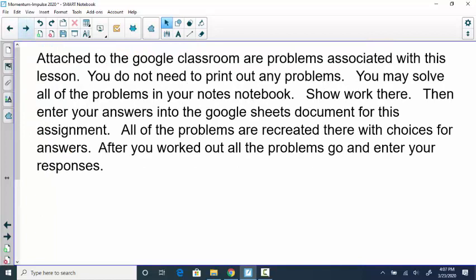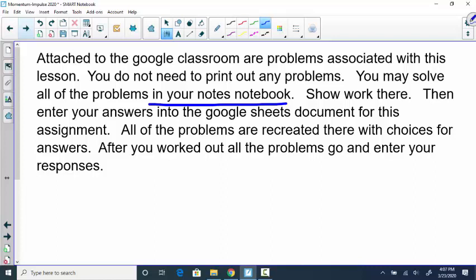So again, I'm just going to say there are problems that have been attached to Google Classroom. You do not need to print out the problems. Again, solve the problems in your notes notebook. Don't be afraid to do that. Show your work there.